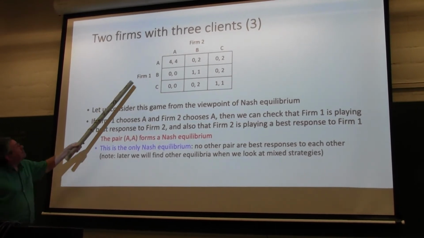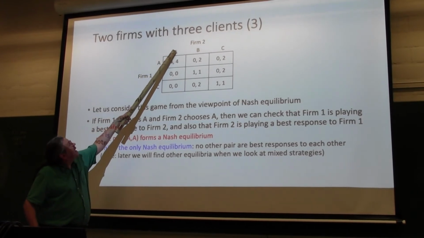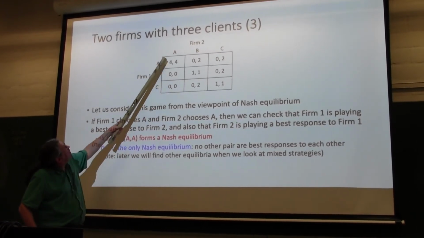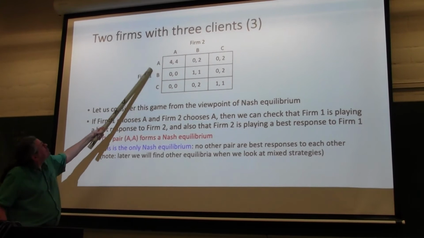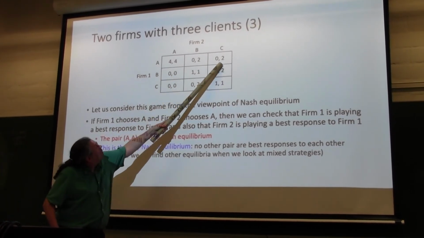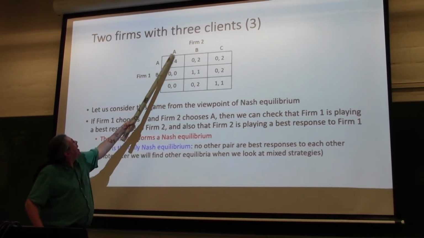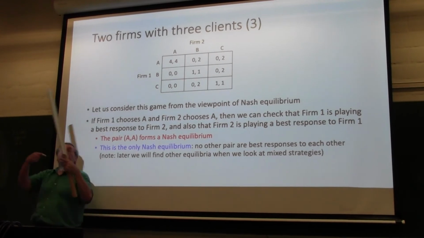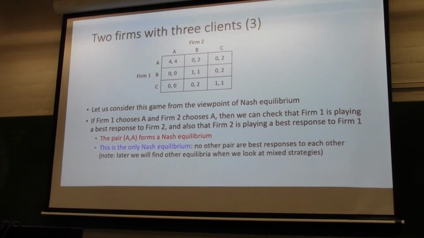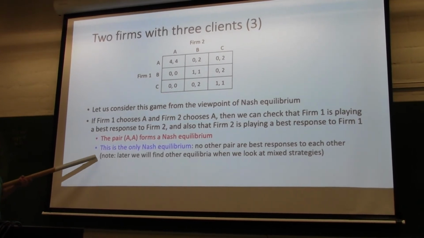That means A is the best response to A: if firm 2 chooses A, the best response of 1 is A. If firm 1 chooses A, the best response of 2, now I'm looking at the row, 4, 2, 2, is also A. So AA is a mutual best response. Okay? So that's a Nash equilibrium. And you can show that in this case it's the only Nash equilibrium. How can you show that?